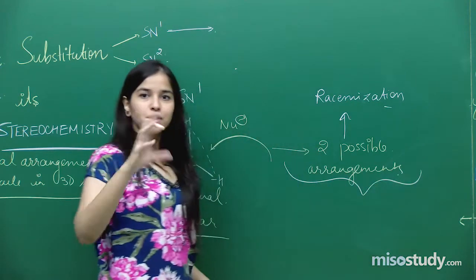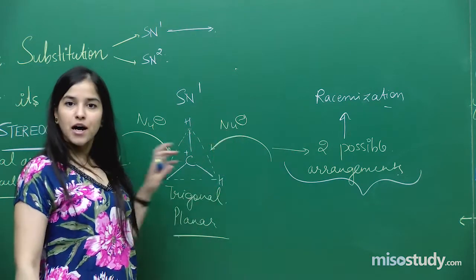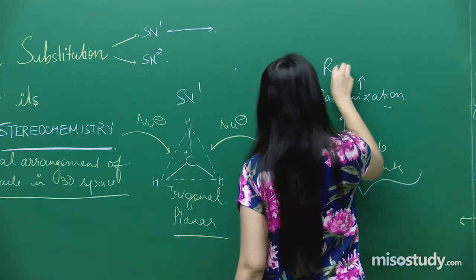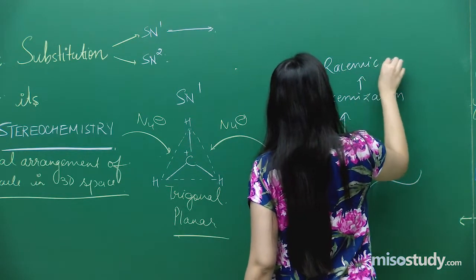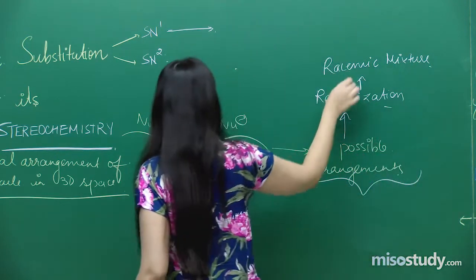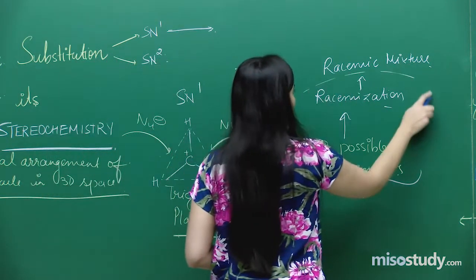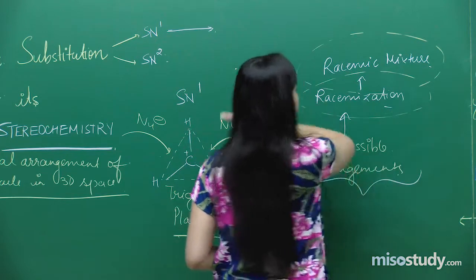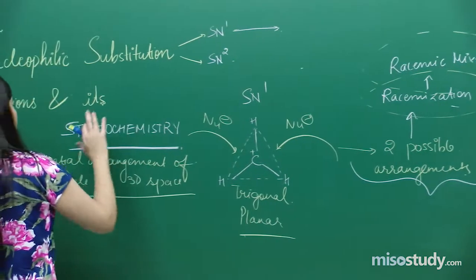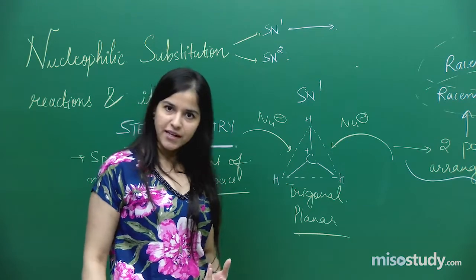There could be a possibility that a mixture of two will be formed, that means a product from this side and a product from the other side. So it could be the racemic mixture. Now, what is racemization and what is the racemic mixture? The answer to this question will be given by the stereochemical aspect of nucleophilic substitution.